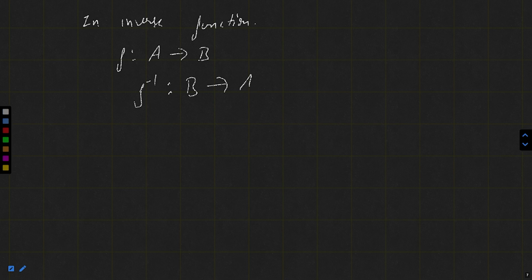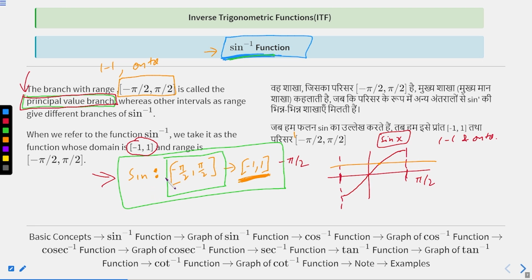B to A. Yes, B to A. So this means if sine is defined from this interval to this interval, then sine inverse function is defined from -1 to 1 to minus pi by 2 to pi by 2.